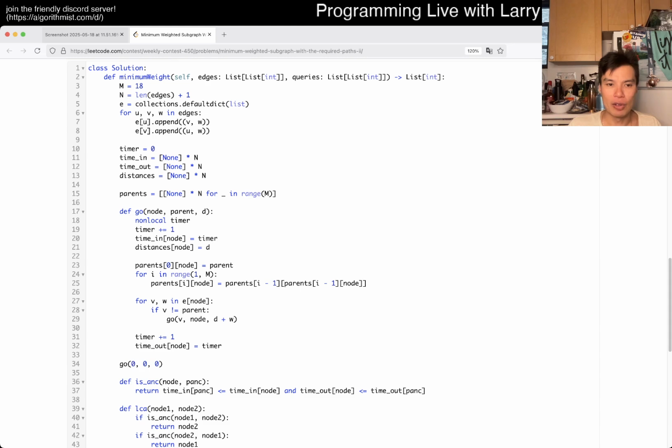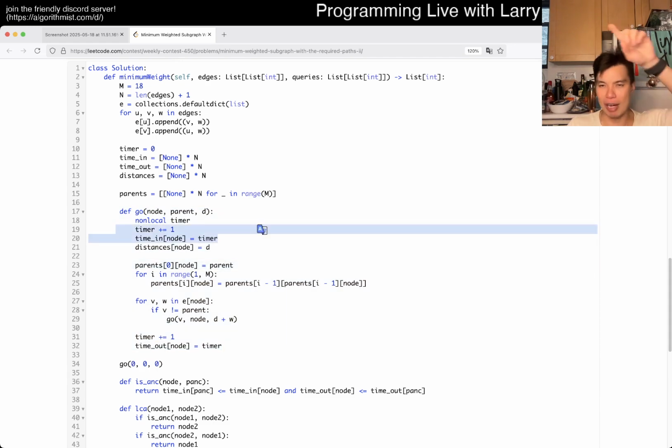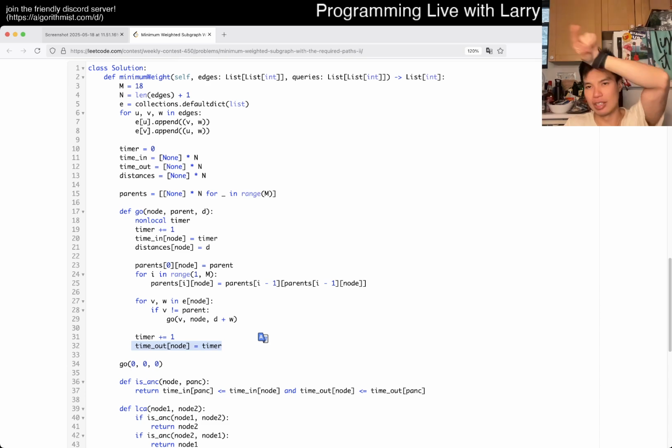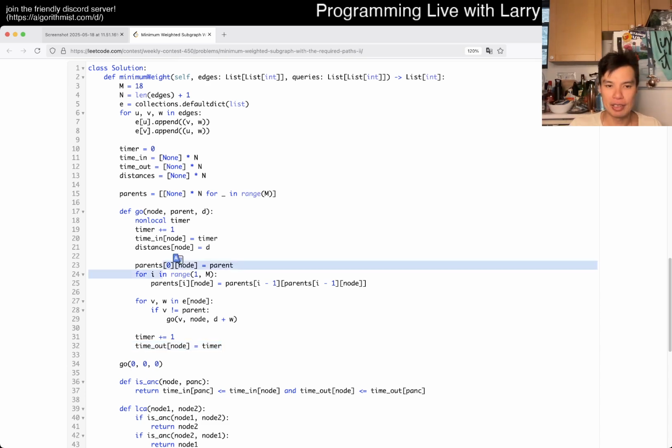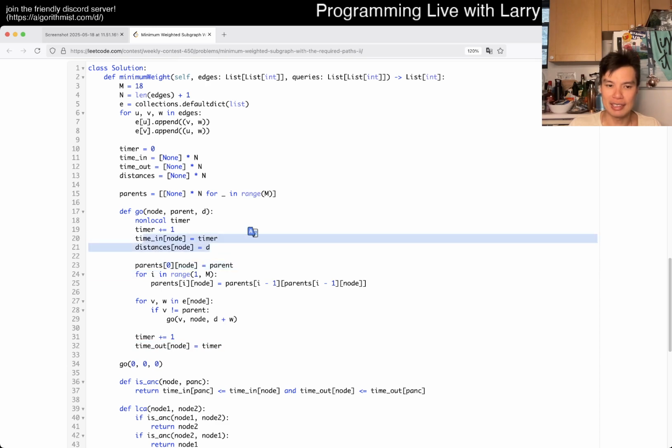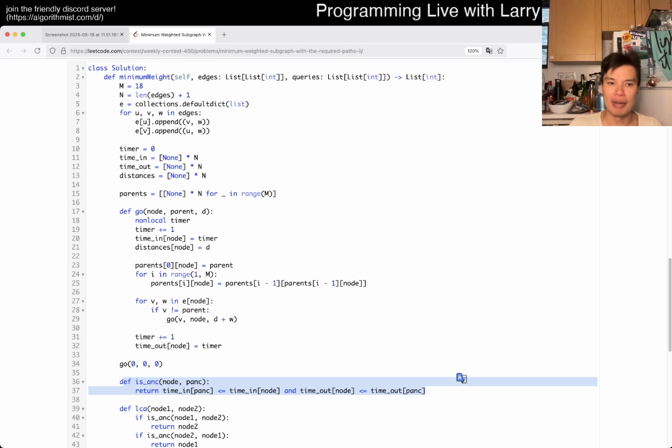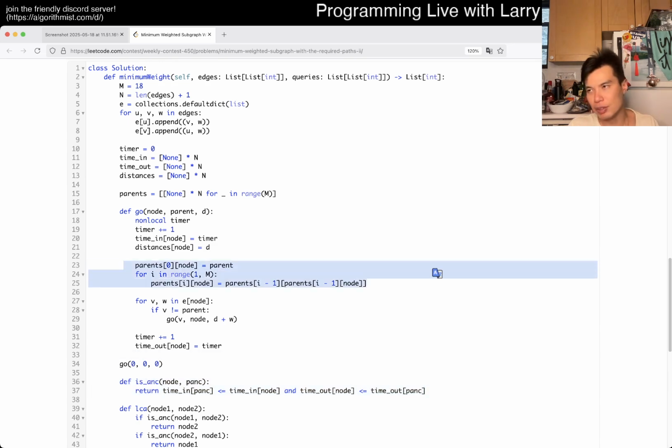But yeah, here in the go function where we process each node, first we have the timer thing that I talked about, and this does the depth first search traversal of the tree, which sets us up for the ancestor part. And then this is the sparse table.